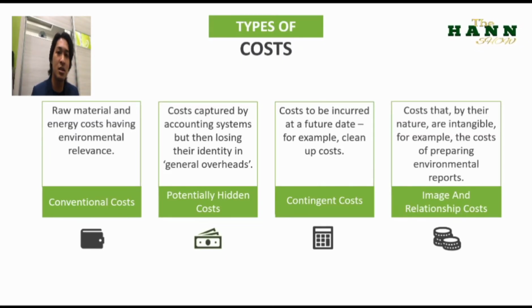Potential hidden cost means the cost captured by the accounting system but then losing their identity in general overhead. As for the contingent cost, it is the cost to be incurred at a future date, for example, cleanup costs. And the last one is image and relation costs, which are costs that by their nature are intangible, for example, the cost of preparing environmental reports.